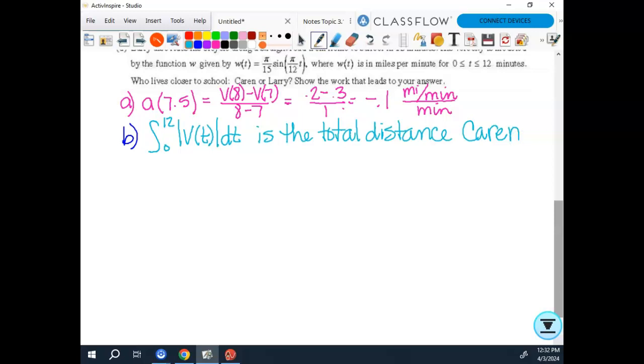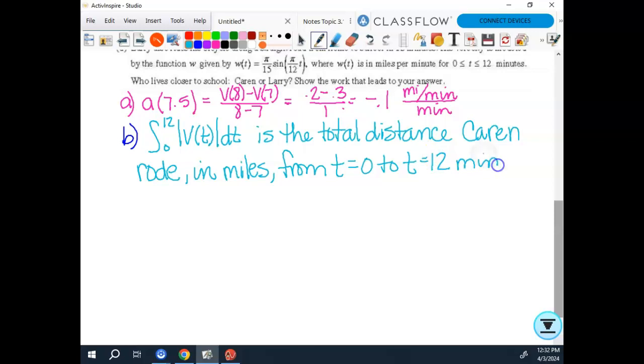The total distance Karen rode, let's just do that, in what units? Miles. Okay. So it is the total distance Karen rode in miles from t equals 0 to t equals 12 minutes.